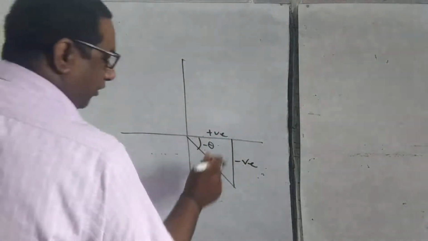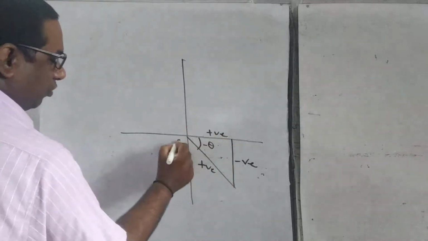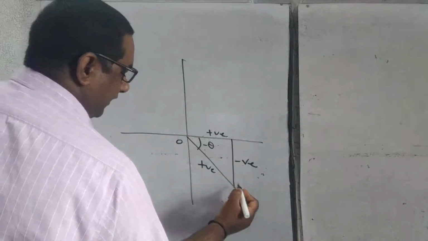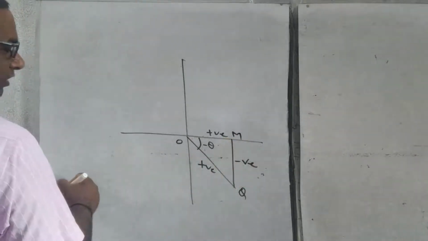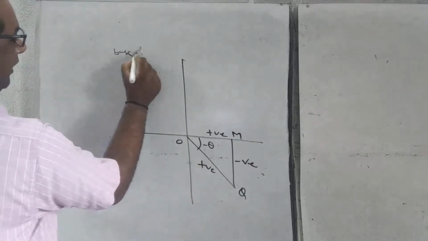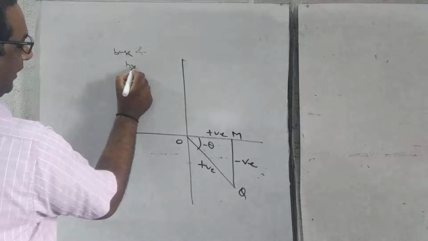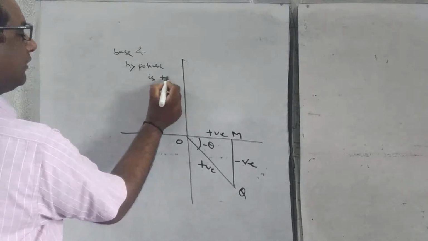In this triangle OQM, the base and hypotenuse are positive.